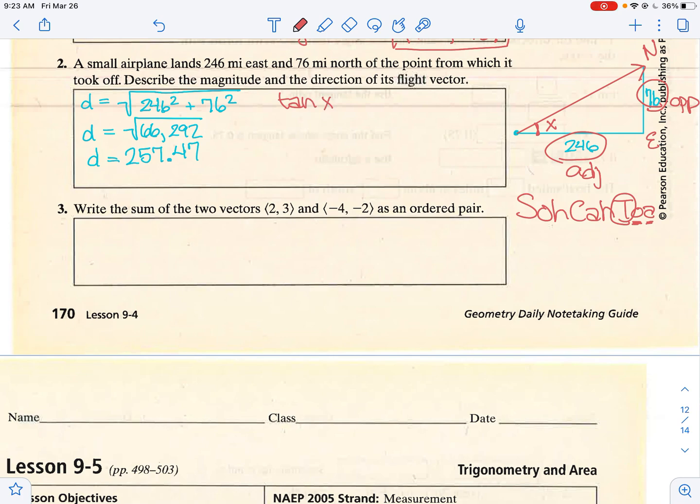So the tangent of x equals 76 over 246. And since we don't know the angle, we're going to use the inverse tangent. So you're going to hit second tangent on your calculator. 76 divided by 246, which is about 17 degrees.